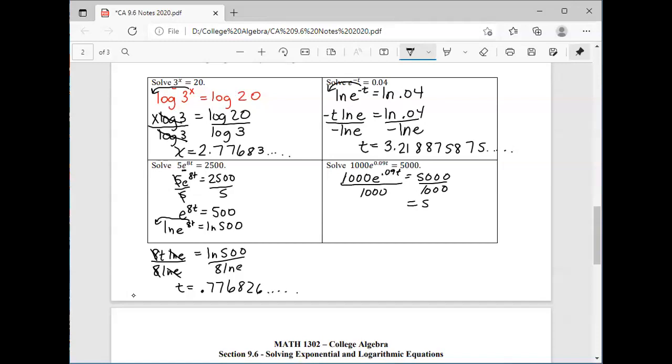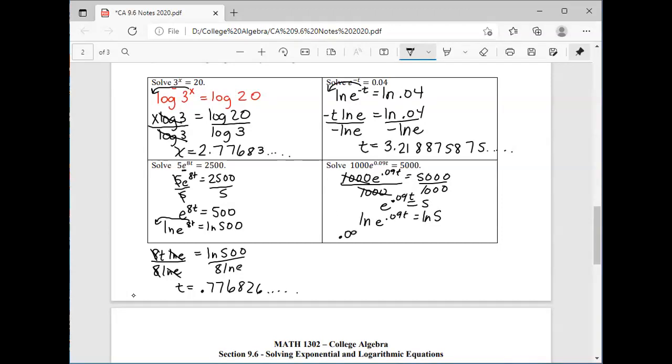So 5,000 divided by 1,000 is 5, and 1,000 divided by 1,000 cancels out, and I just have E to the 0.09t. This is a natural log, so we're working with E, so I'm going to take the natural log of both sides.